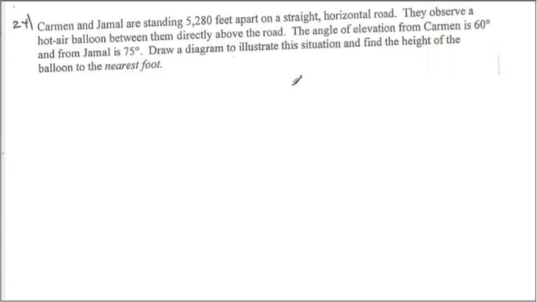Carmen and Jamal are standing 5,280 feet apart on a straight horizontal road. They observe a hot air balloon between them, directly above the road. The angle of elevation from Carmen is 60, and from Jamal is 75.